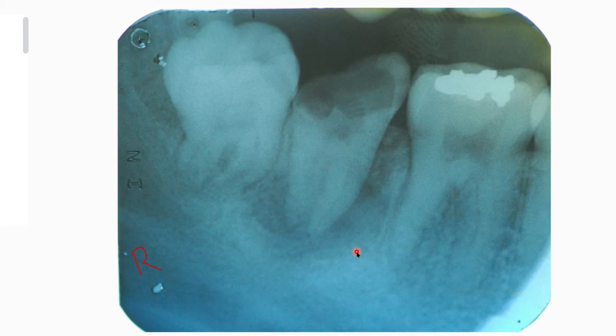Number 1, your first radiographic diagnosis, the most likely in relation to 7, is chronic periapical abscess. Okay, chronic. I need you all to use the word chronic, because an acute periapical abscess without a past history of abscess, or acute exacerbation, will not manifest as this kind of radiolucency.